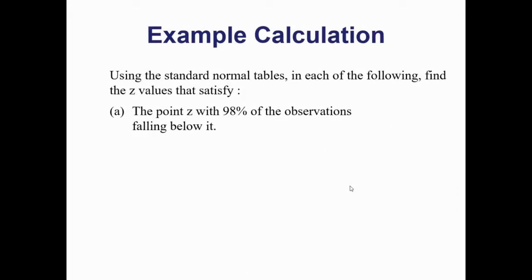So the next one, we're going to change things up a little bit. Up until this point, we've been starting outside the table and working our way in to get a probability. Now we're going to go backwards. We're going to start inside and work our way out.